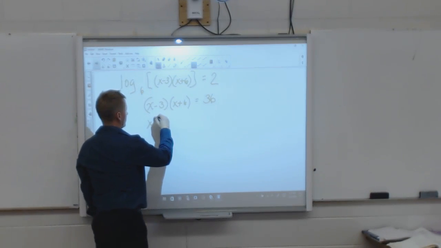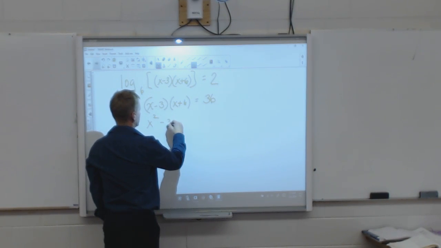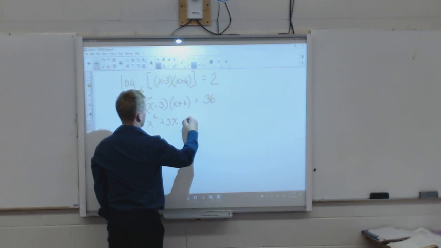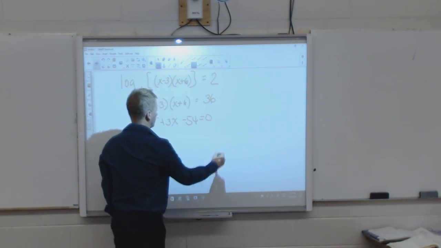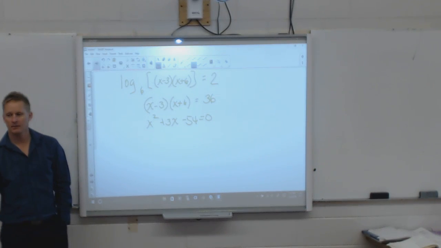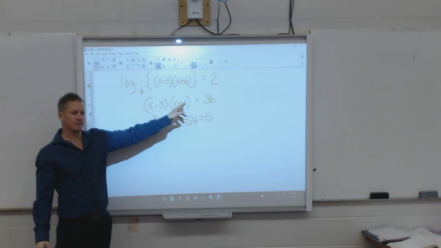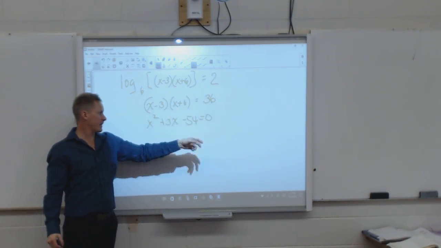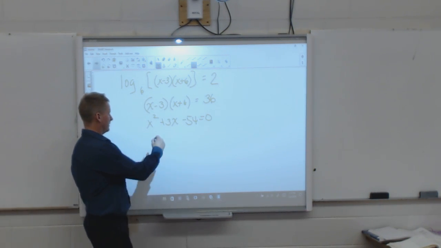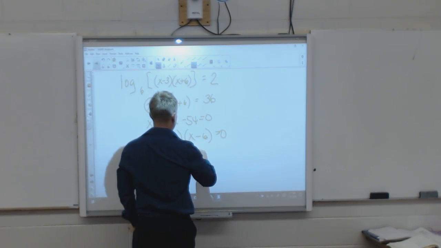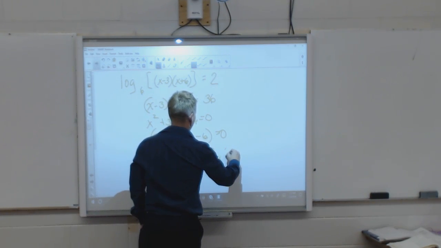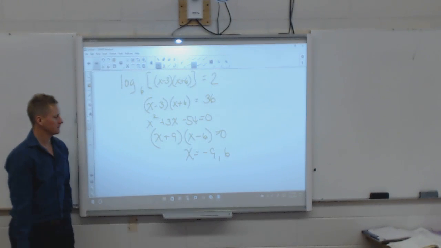And then you've got x squared plus 3x, thank you, minus 18 minus 36 is equal to 0. Minus 3 times 6 is minus 18, and I have to subtract 36 to get it to that side. I get x squared plus 3x minus 54 equals 0. So x is equal to minus 9 and plus 6.